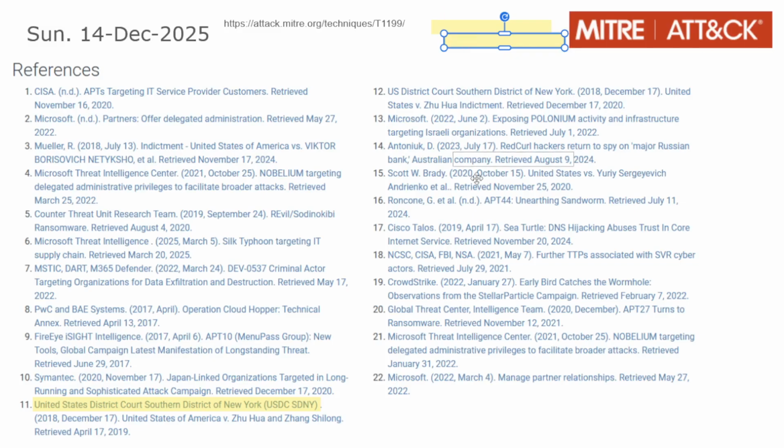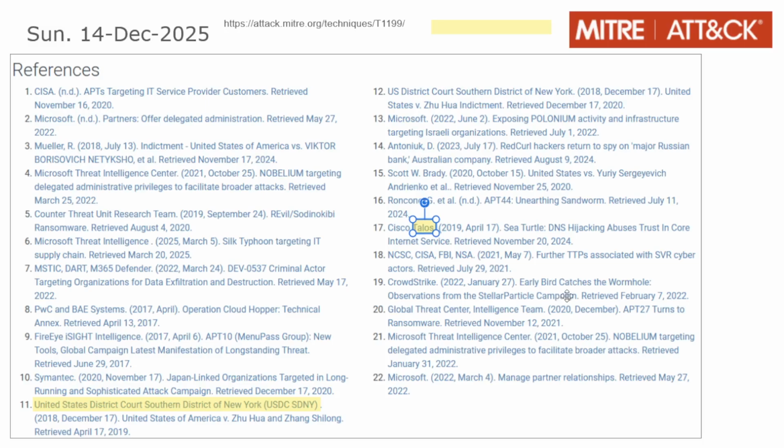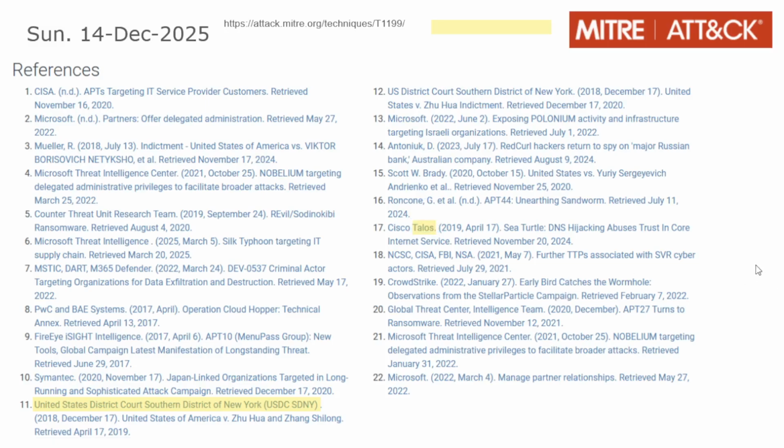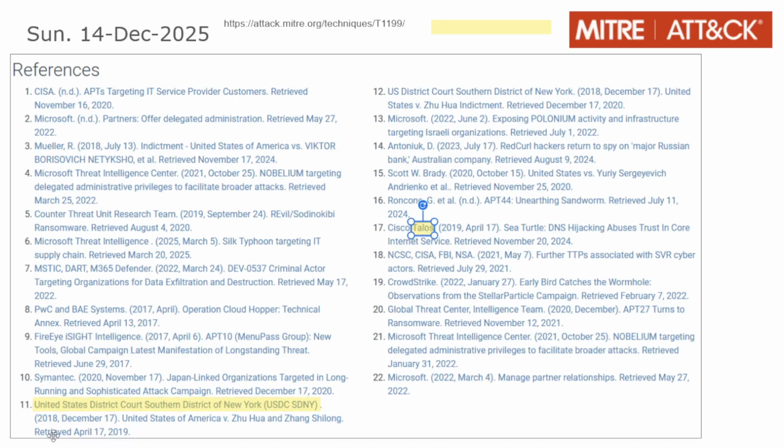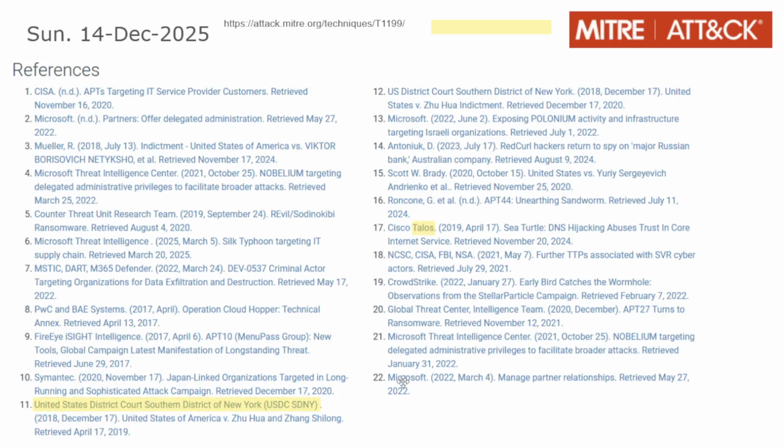Talos appears to be some elite Cisco security guys, same as Palo Alto Unit 42. We don't have them here, but in other cases we had them. Then we have again a combination of the US agencies here. CrowdStrike is there, Global Threat Intelligence Team, again Microsoft. But these two, Talos and this Court Southern District, catch my eye. These ones we might dig into.